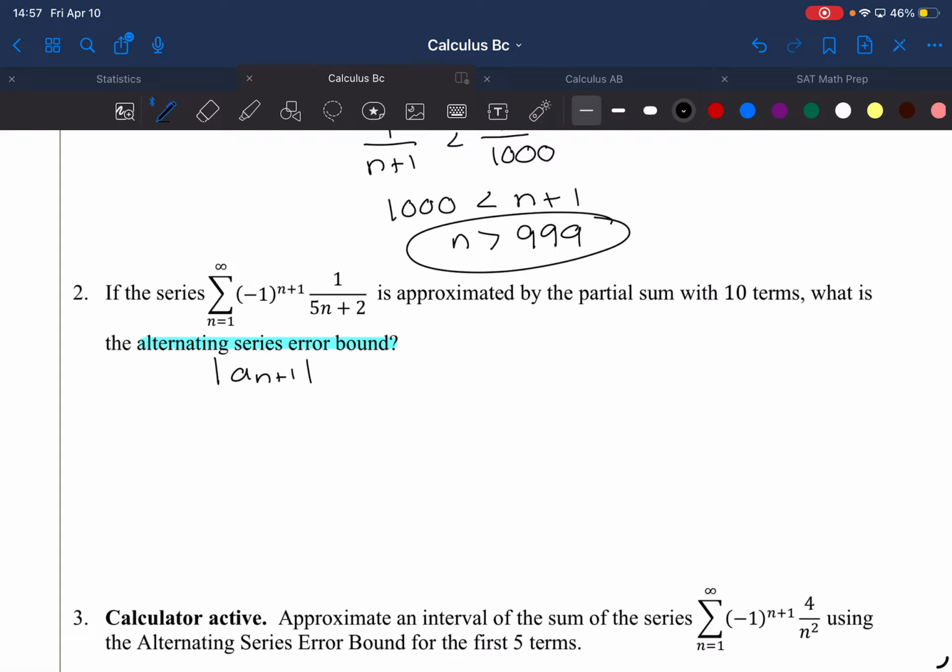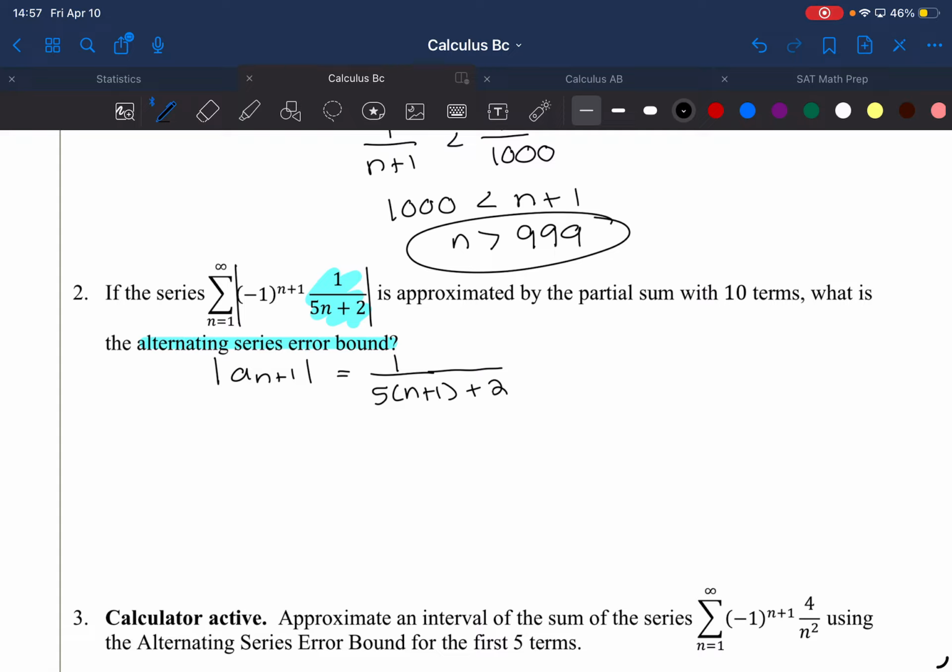If I take the absolute value of the entire series, that gets rid of the alternating series, and I'm only left with 1 over 5n plus 2. So if I need a sub n plus 1, what am I going to add to the n? 1. So this is equal to 1 over 5 times n plus 1 plus 2.